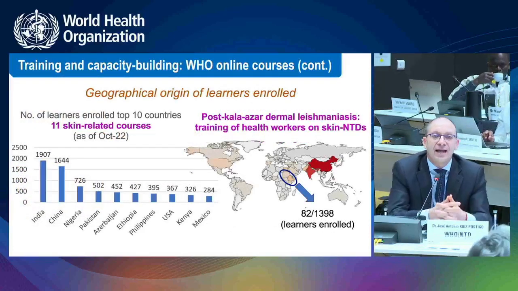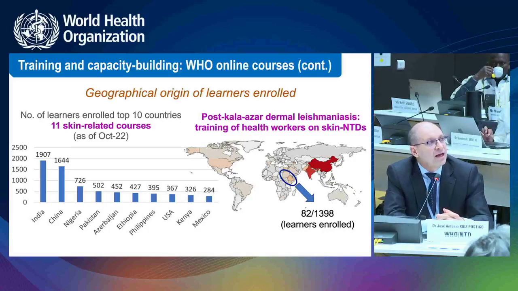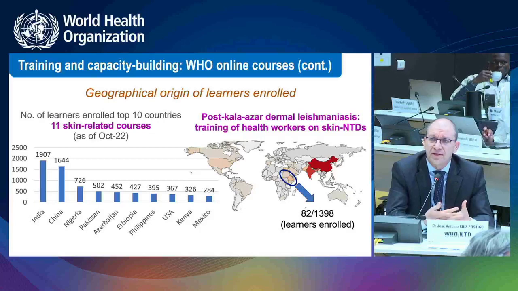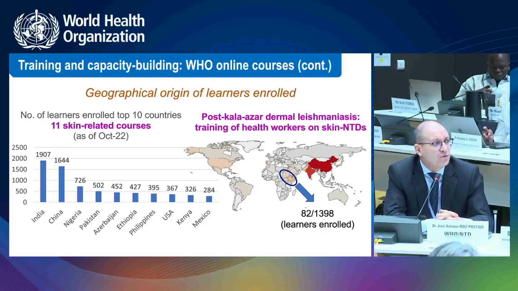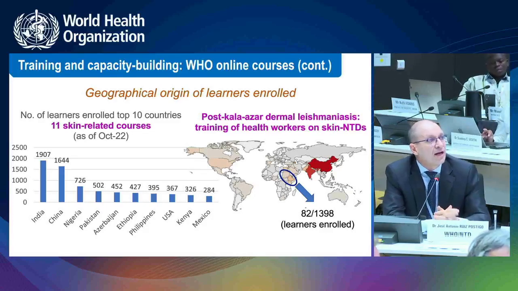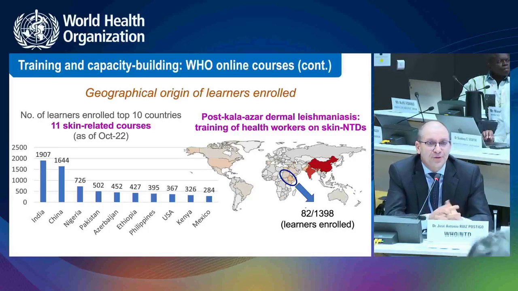So let's analyze a bit what we have learned from those courses. First is, are we reaching the targeted audience? Are we reaching the countries they are meant to, or colleagues that live in areas that are endemic? So on the graph, on the left side of the slide, you have the top 10 countries from where people enrolled as of October last year.